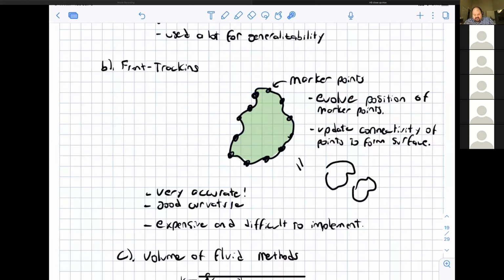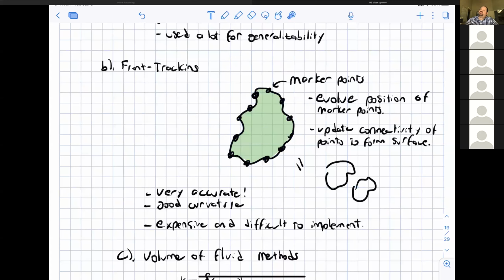And so the neighbor of this marker particle used to be this one over here, but now it's this one over here. And so there is the dynamic reforming of all those points. If these two come together and join, you need to change the connectivity list of all the points. And of course, this is in 2D, but in 3D, this becomes very complicated really fast.